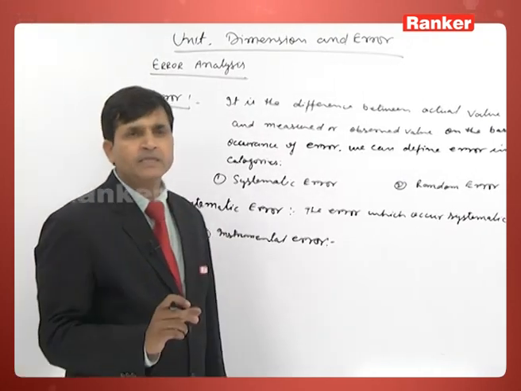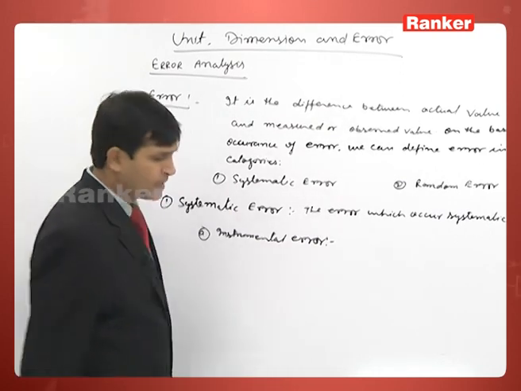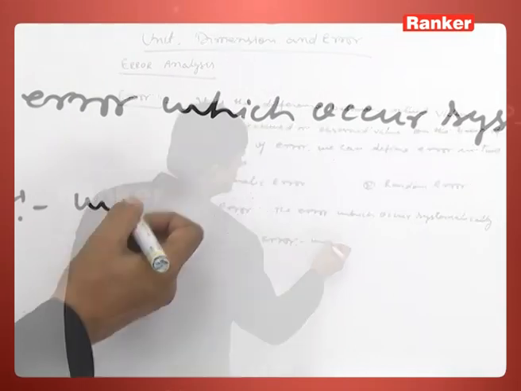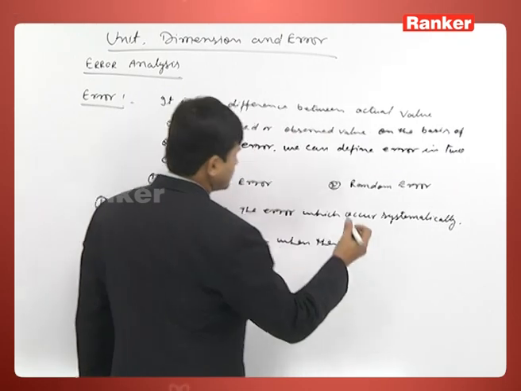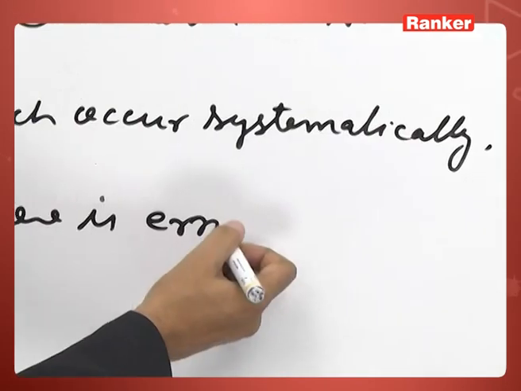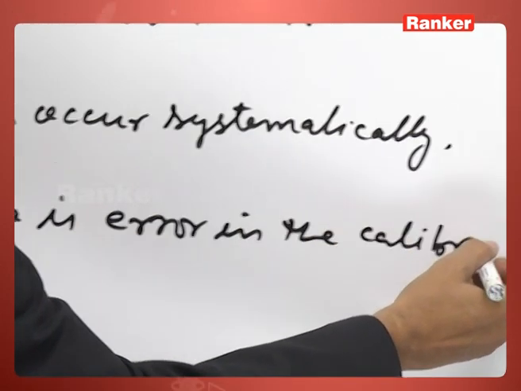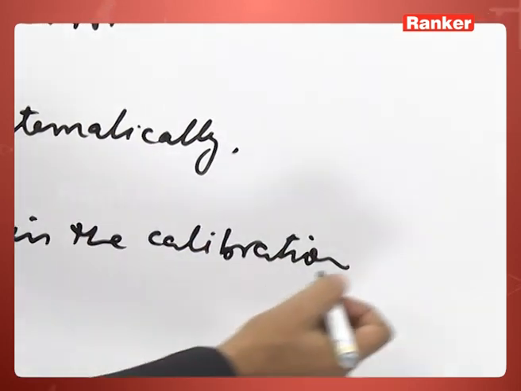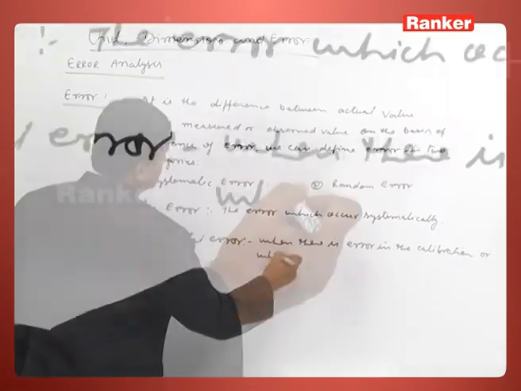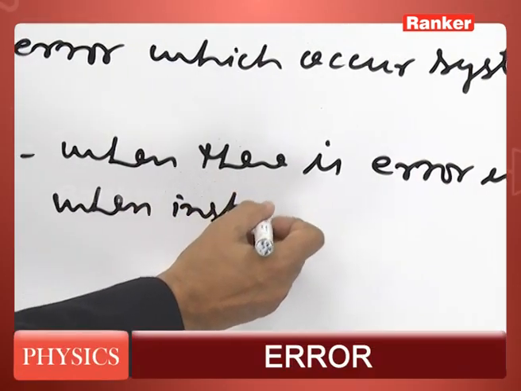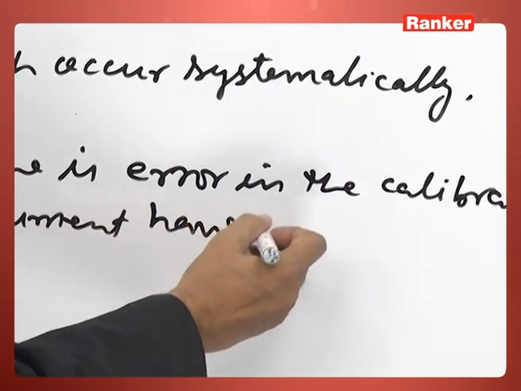Instrumental error means when there is an error in the calibration of the instrument, or when the instrument has zero error.